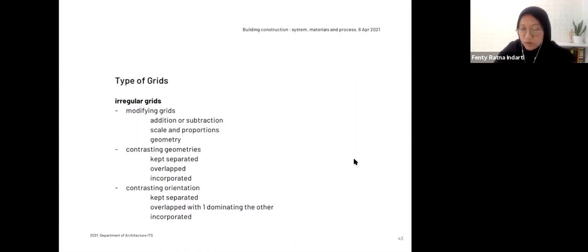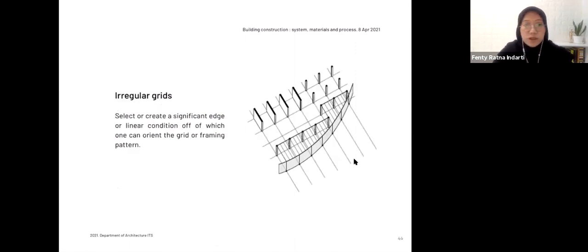But again, to create the grids, still you have to create and select a significant edge or linear condition of which one can orient the grid of framing pattern. Even though your building is irregular, then you have to think about how to make it a little bit regular or regulated. Because when we are talking about building construction, we are talking about the real life process.